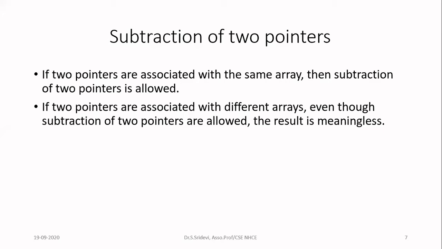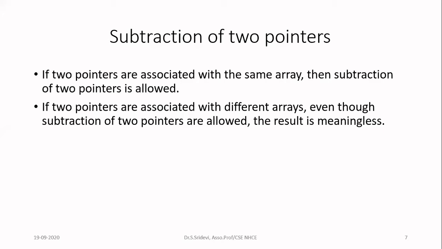But why would you want to go from one array's element to another array's element? That is meaningless. That's why even though subtraction of pointers is allowed, we will not subtract 2 pointers if they are pointing to different arrays. Try to understand, this is a very important thing. When you subtract 2 pointers, it is because I have one element and from that element I want to access some previous element in the same array.